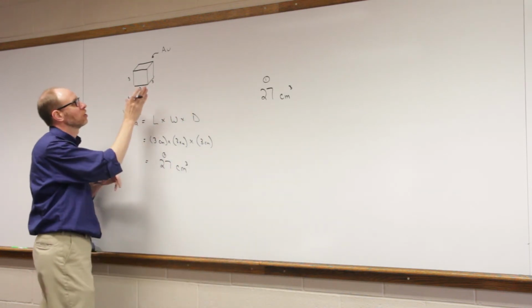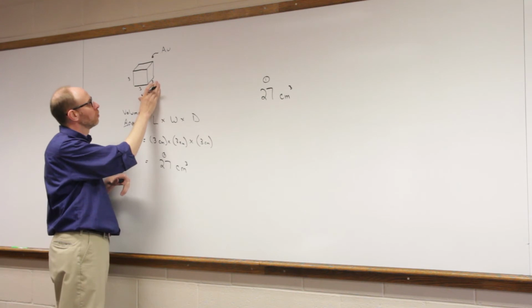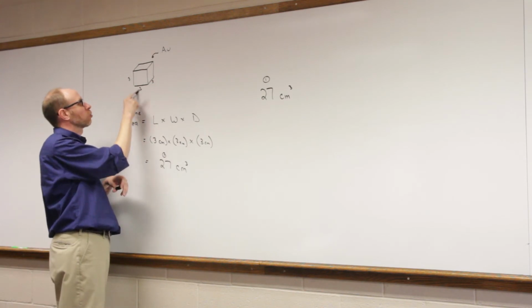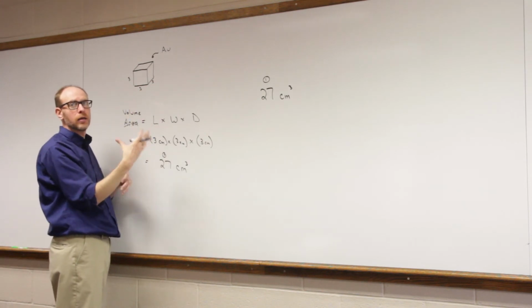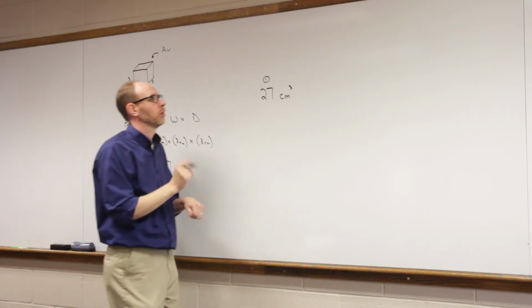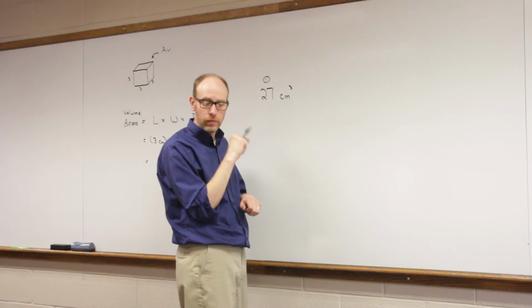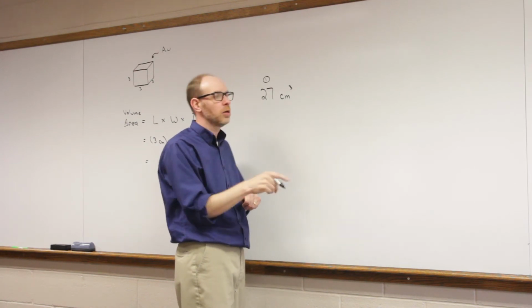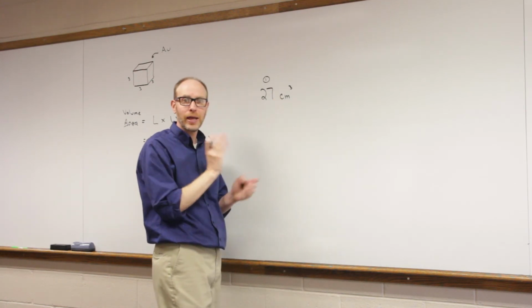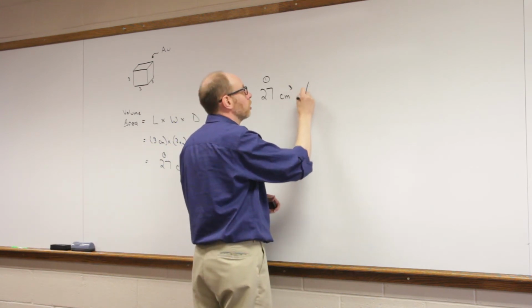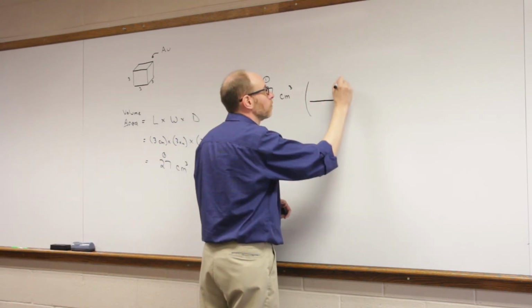Because remember, we were asked, what is the mass of a cube that is 3 centimeters on a side if that cube is made of gold? The first thing is, our density is 19.4 grams per milliliter. We do not have milliliters, so we have to find some way to go between cubic centimeters and milliliters.